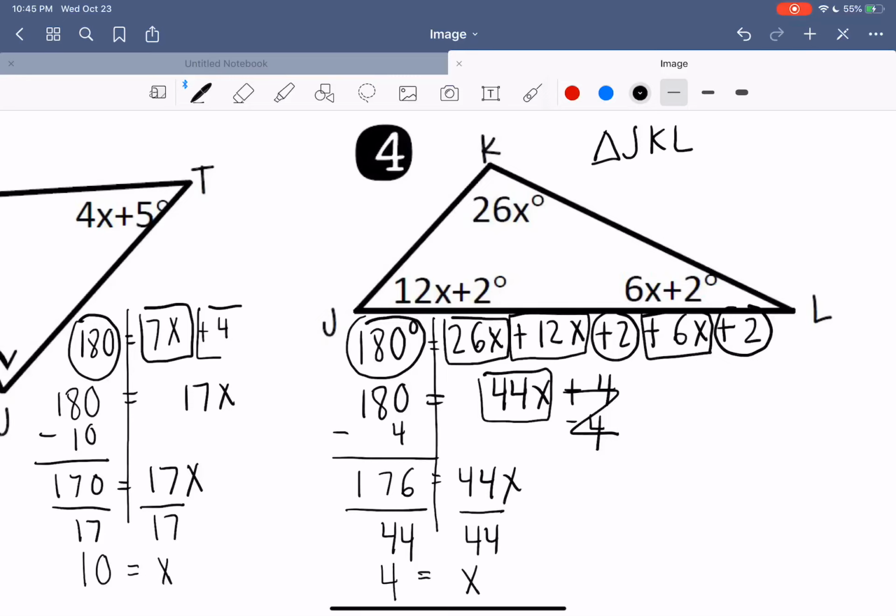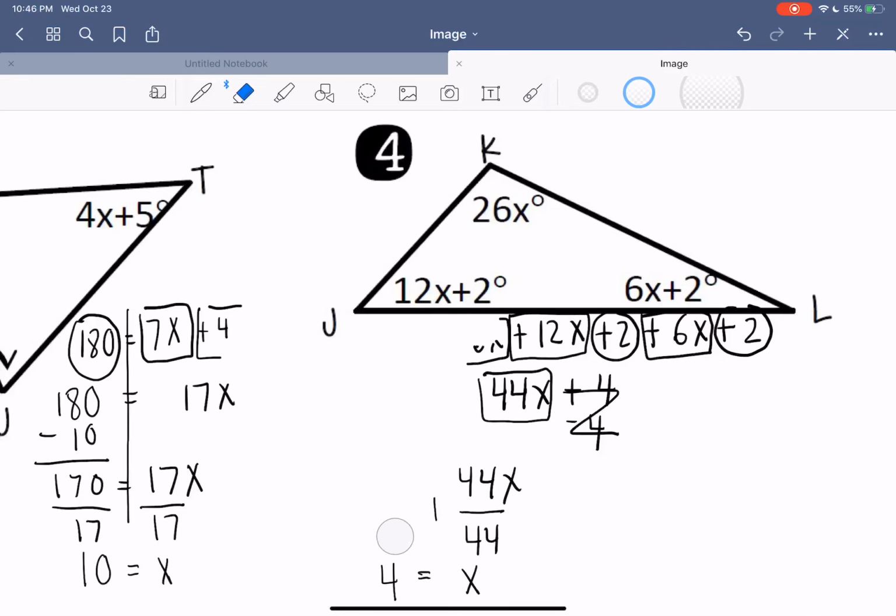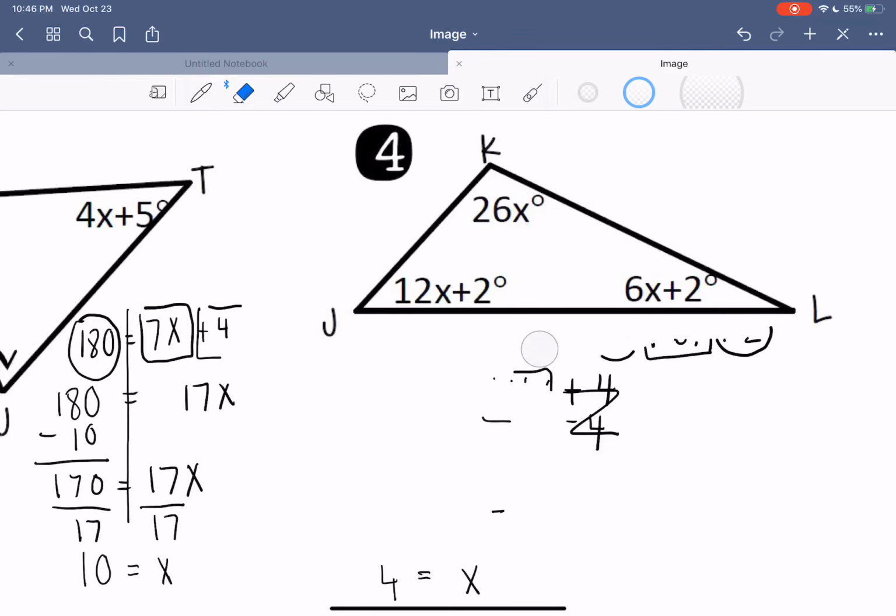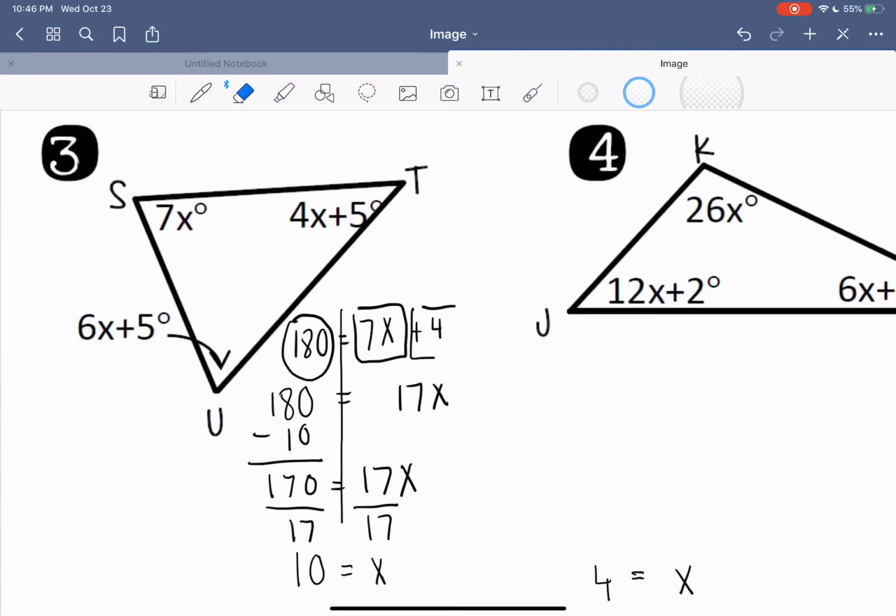Okay. And something that I would like now to go back. So on this one, I'm going to go ahead and erase all of the work, but I'm going to leave my x equals 4. And I'm going to do the same thing on this triangle as well.